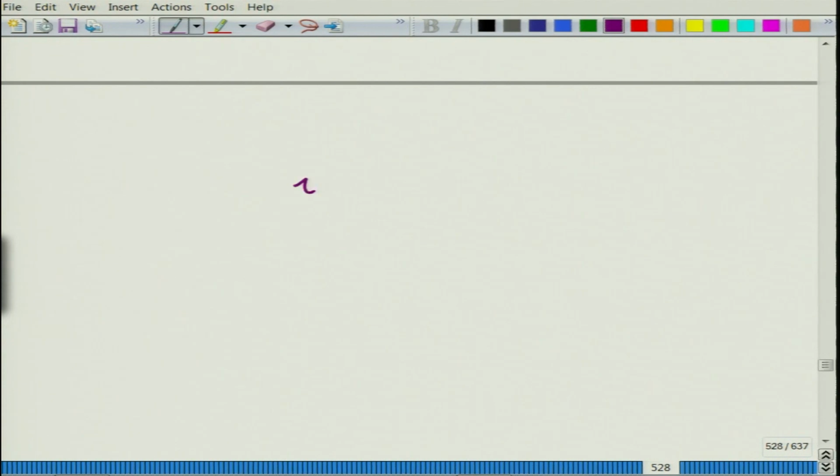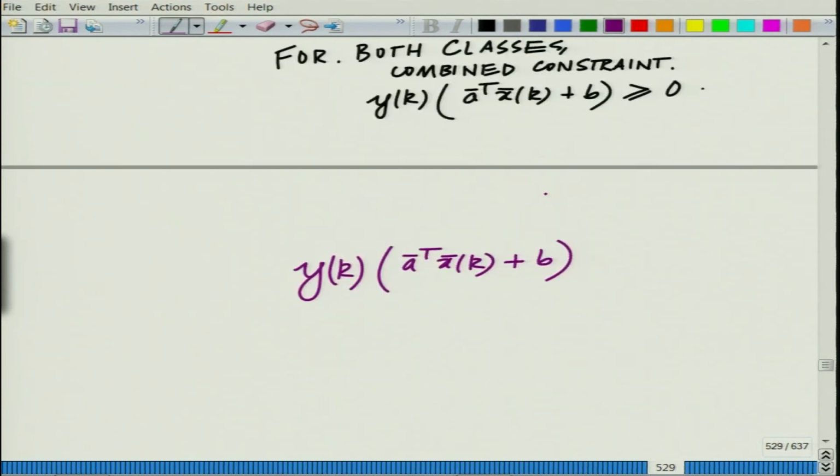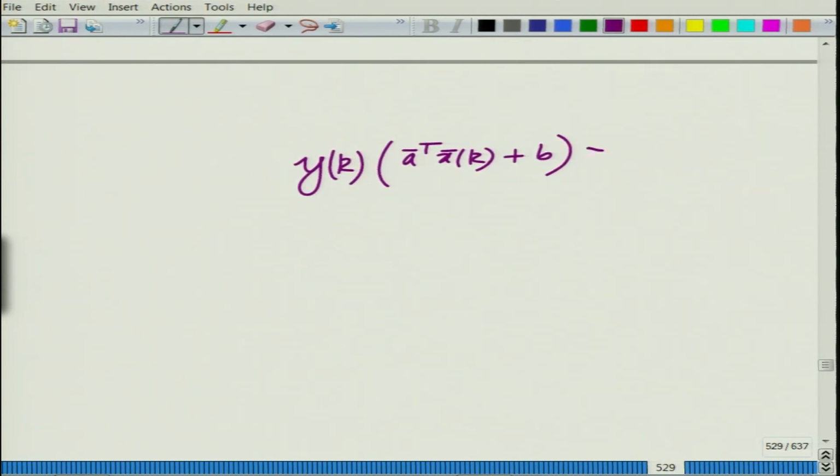The problem is the following. Please look at y k into a bar transpose x k plus b greater than or equal to 0. Now, look at this.